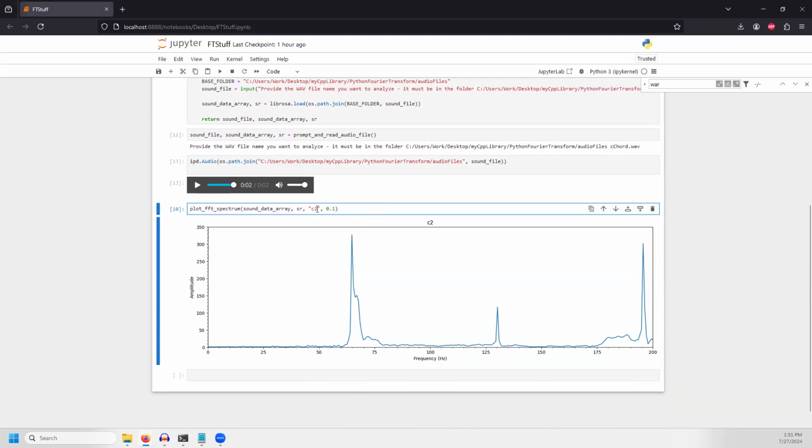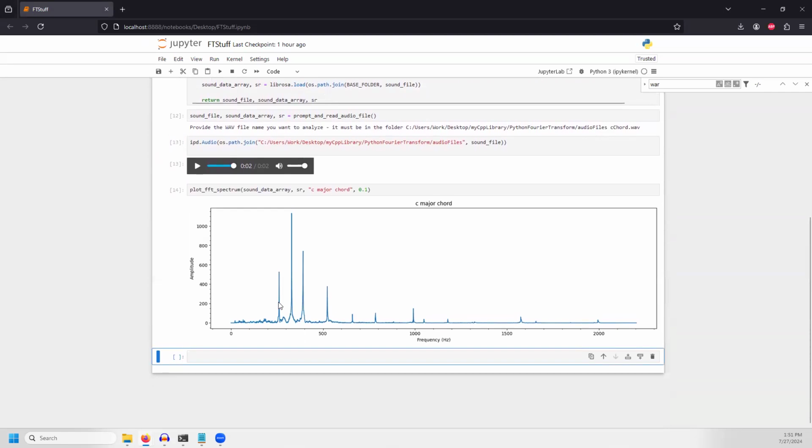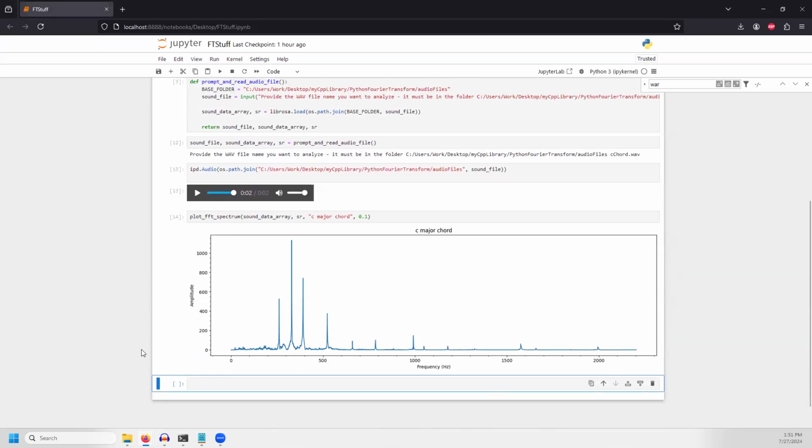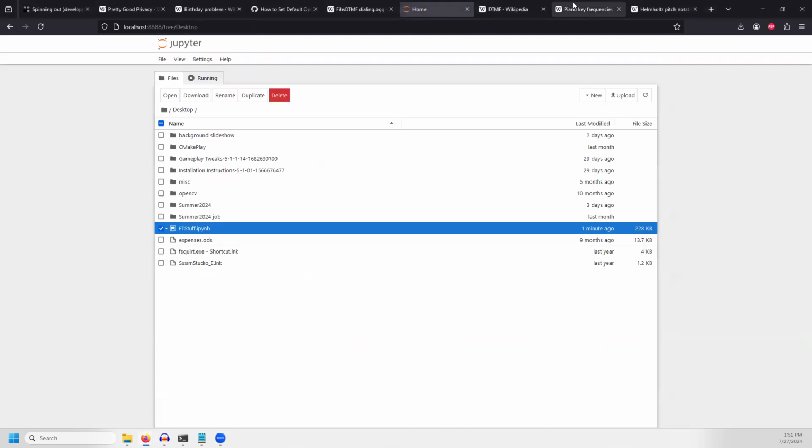And if we change this to the C major chord, we see 1, 2, 3 big peaks, and evidently my middle finger is playing this note the most strongly because the middle note has the highest amplitude. The overtones are going to be more interesting and more complicated in this case. But it was middle C where that started, the bottommost note.